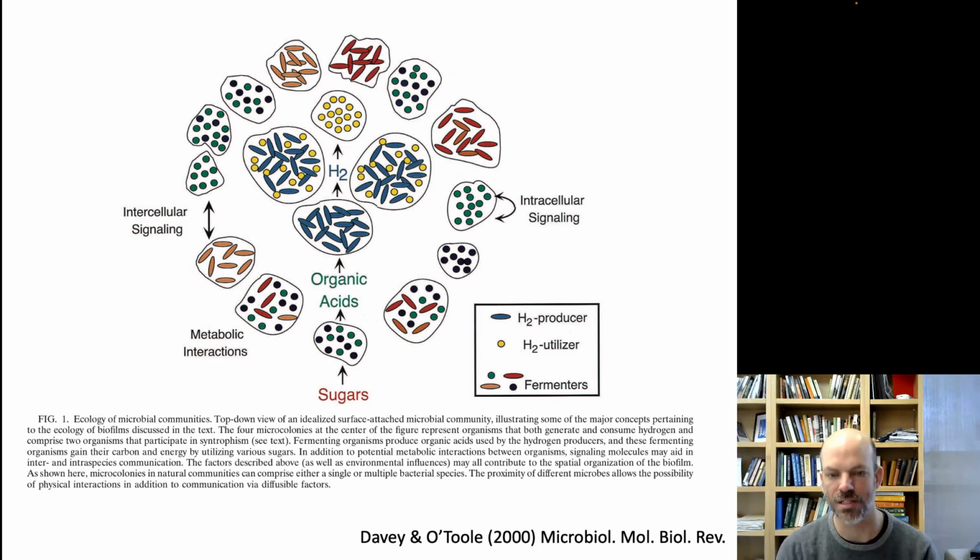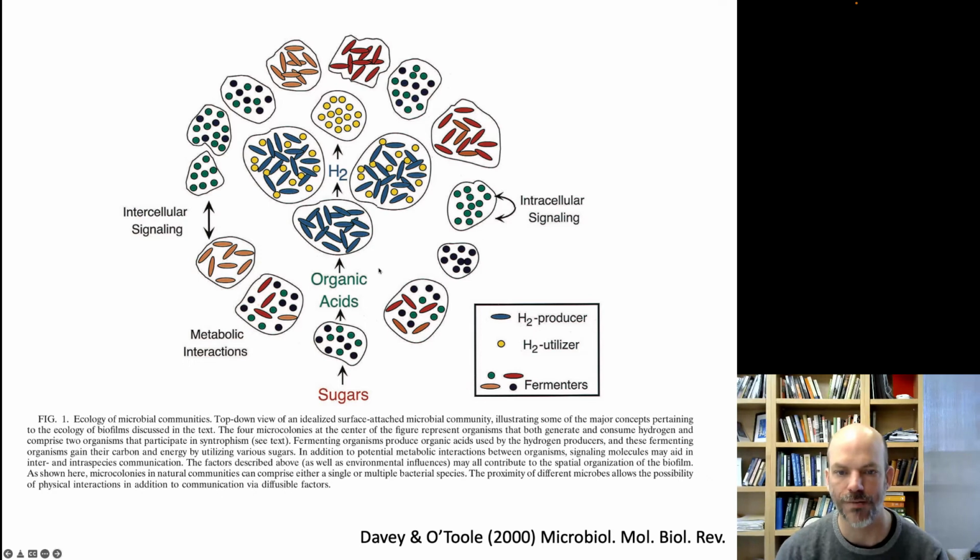So I am using this figure from this great review to show that, for example, in a boring patch of soil, most of the life in that soil is organized as biofilms, and those biofilms have multiple layers of syntrophic relationships where complex organic material is decomposed down into smaller and smaller compounds, and each step of those decomposition processes are carried out by different species, and those species are connected to each other in these complex relationships.